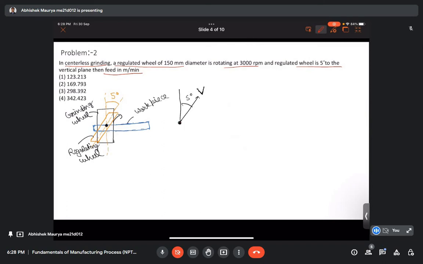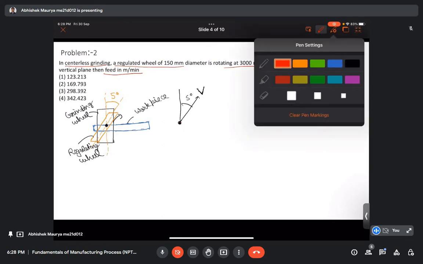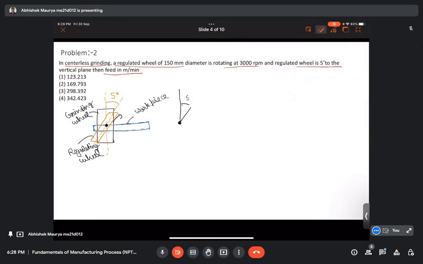Since I am assuming the wheel rotation is in the clockwise direction, the direction will look something like this at the point of contact, at 5 degrees.